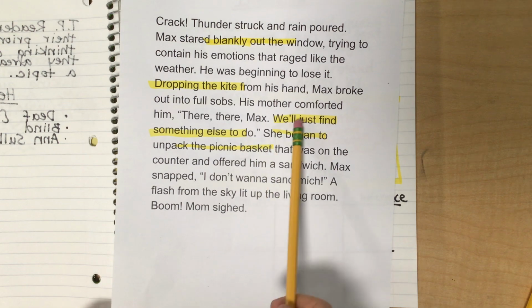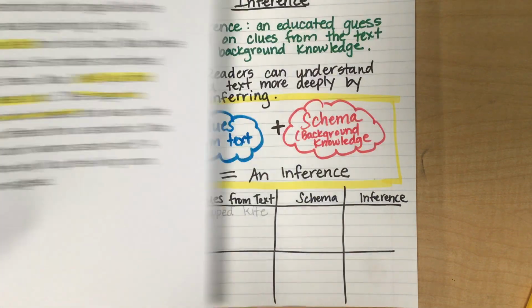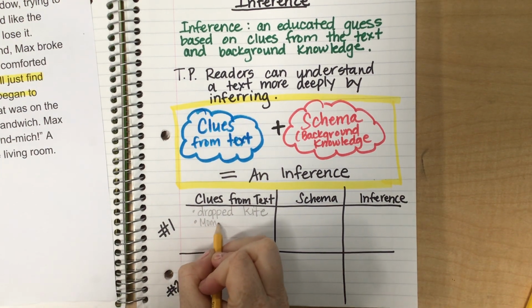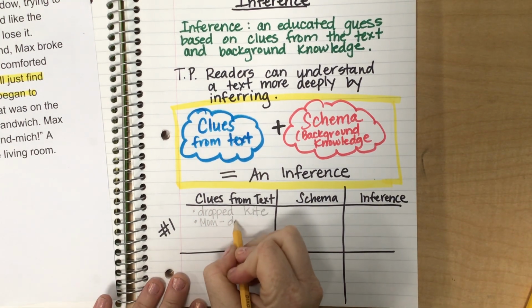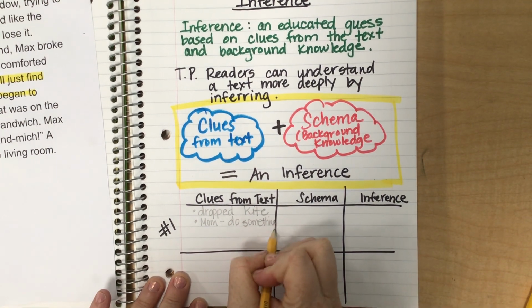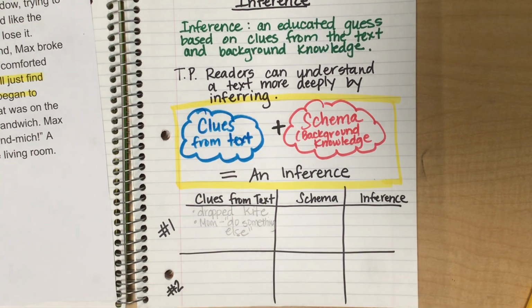So she's telling us that we're not going to be able to do what we had hoped. So Mom said, "do something else," and I'll put that in quotation marks. And she did say she began to unpack the picnic basket, right?